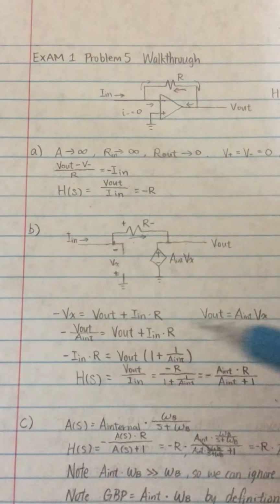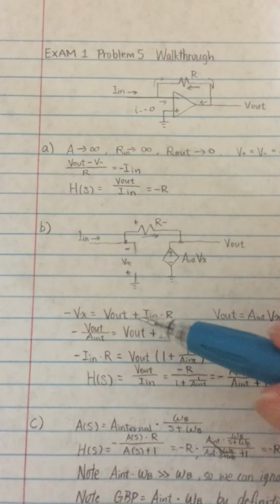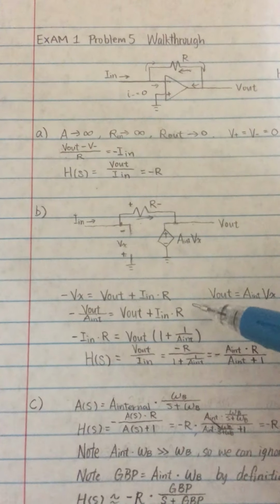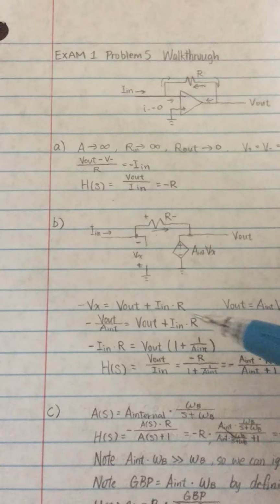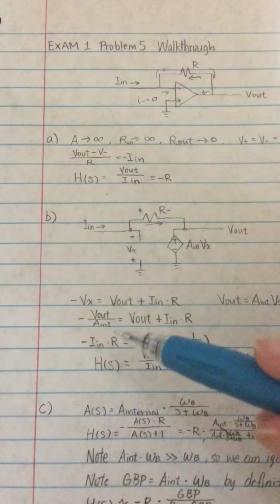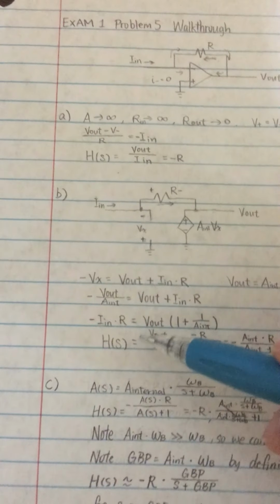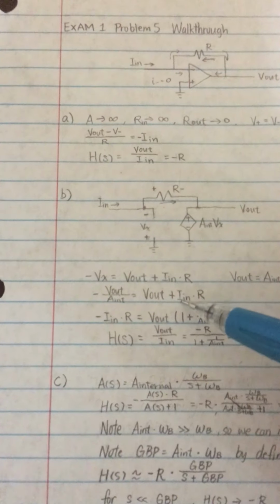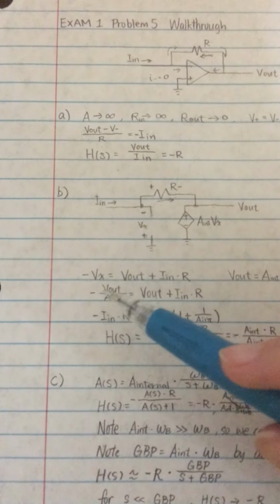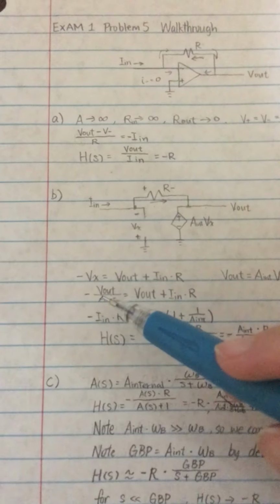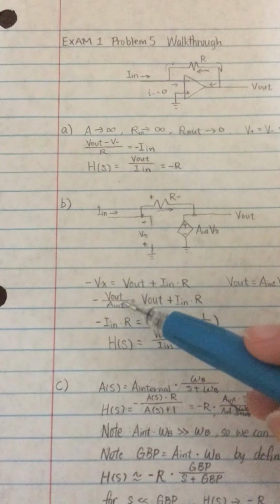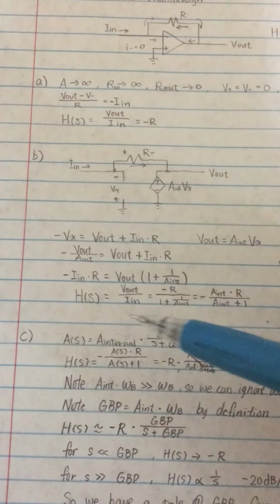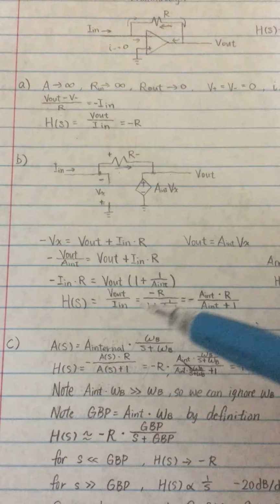Plugging this equation back to here, we get negative V out over A in equals V out plus I in times R. And we do some rearranging of the formula to get down here. Negative I in times R, because we move it from here to here, we have to have the negative sign. Moving this one here, we have the positive sign. So we have H(s) equals V out over I in.